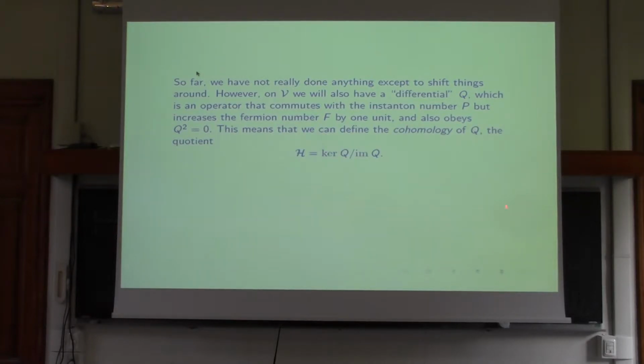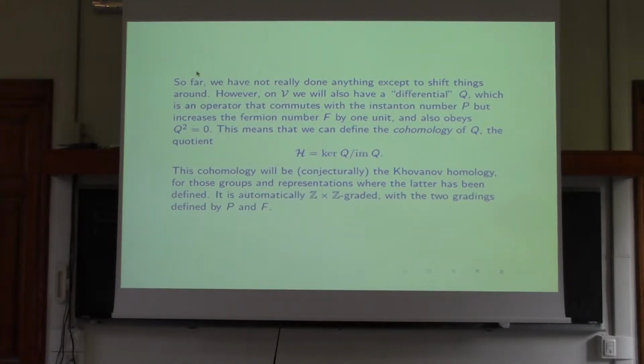That means we can define the cohomology of Q, the quotient, which is the kernel of Q divided by its image, and I'll call that curly H. This cohomology is supposed to be the Khovanov homology for those groups and representations where the Khovanov homology has been defined. It's automatically Z times Z graded with the two gradings given by P and F.